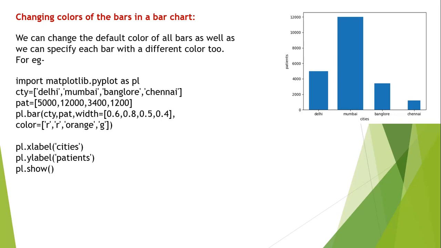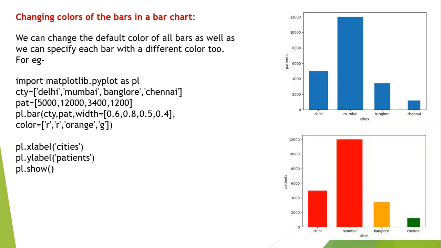How we can show this with the help of these colors, that only we have shown in this example. This code is for that only. And again, pl.xlabel is for cities and pl.ylabel is for patients, and pl.show displays the graph as output. Now let's see what the output for this is going to be.